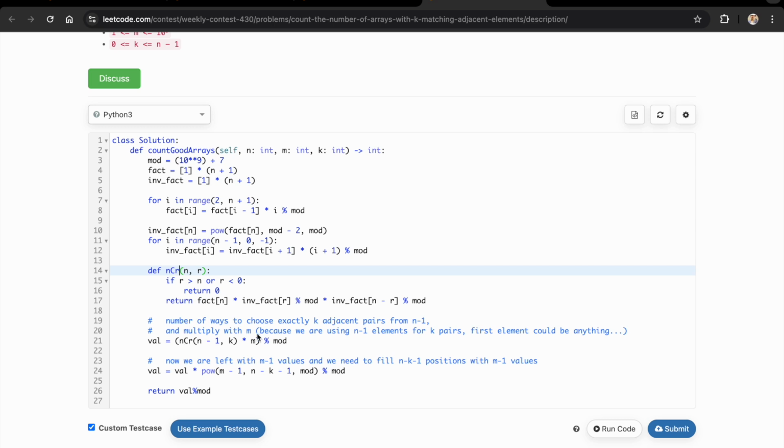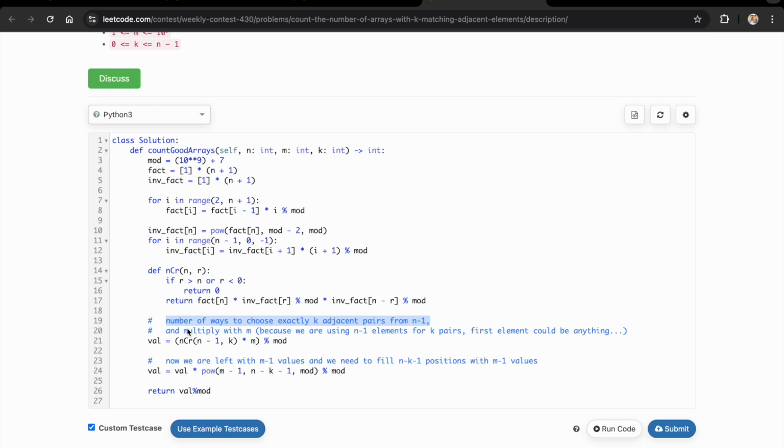After that, how can we calculate the answer? First we calculate NCR of n minus 1 comma k. Why n minus 1? Because we have to find the adjacent elements. So this gives us the number of ways to choose exactly k adjacent pairs from n minus 1. And why are we multiplying with m?